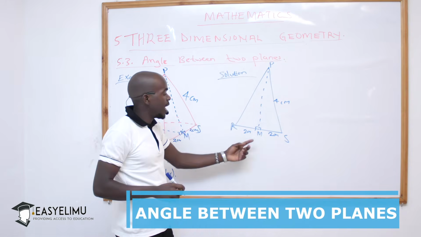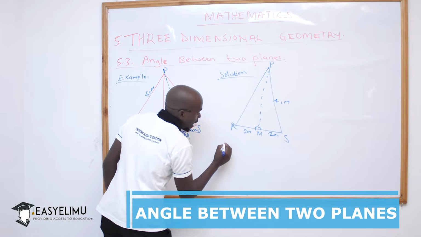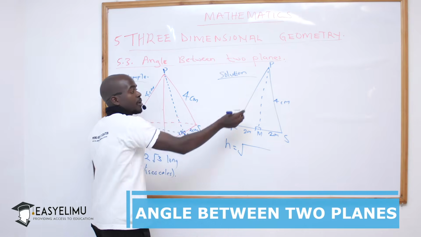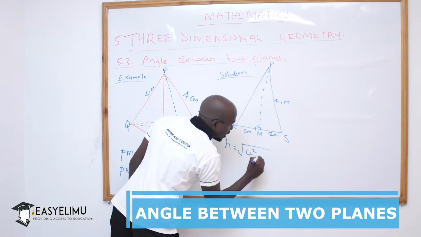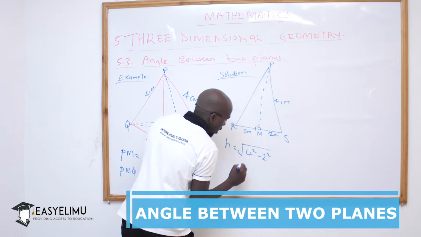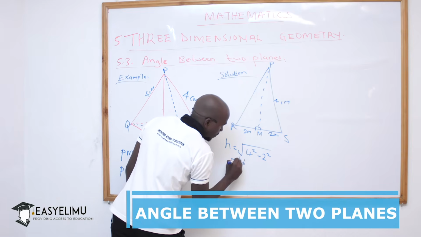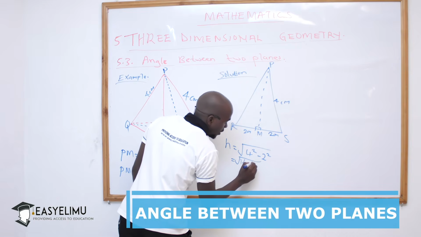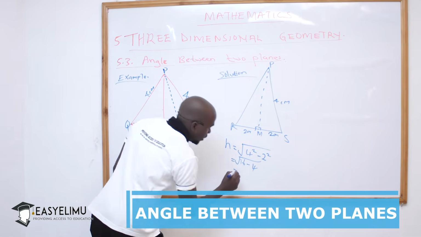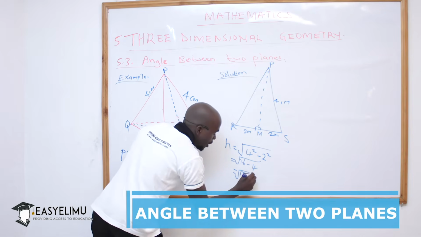So we can find the height of this triangle, which we don't know, as the square root of the hypotenuse, 4 squared, minus the base, 2 squared. 4 squared is 16 and 2 squared is 4. If you subtract, you get 12, and we take the square root of 12.